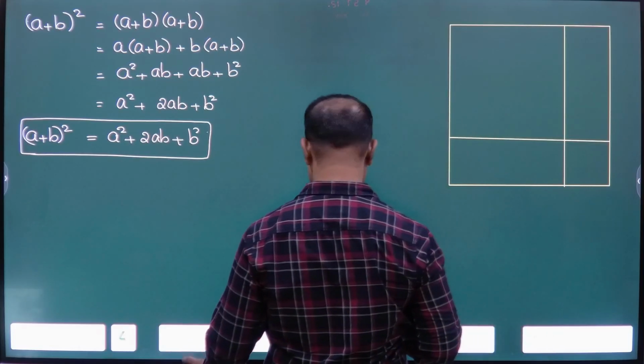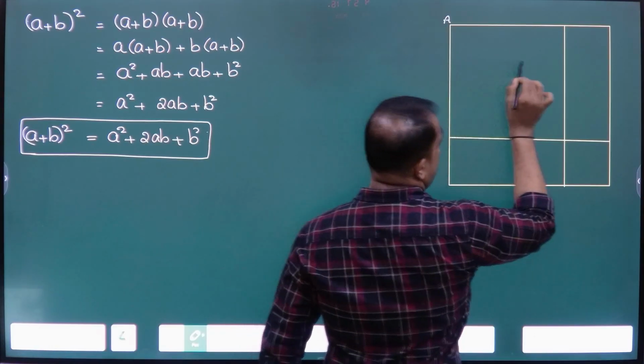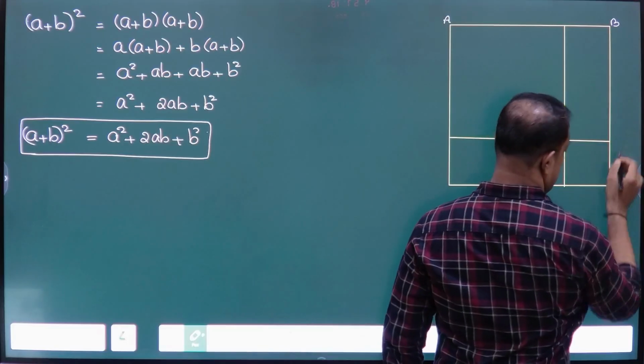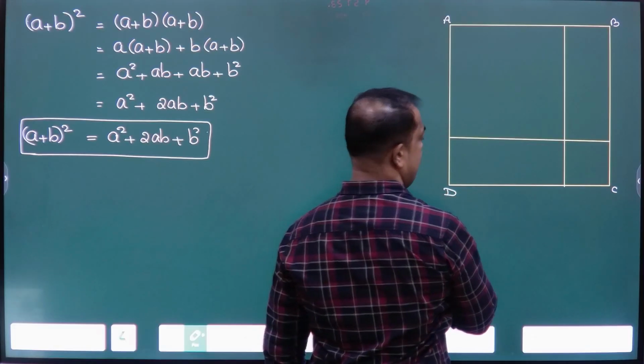Now listen. Suppose A, B, C, D is a square.